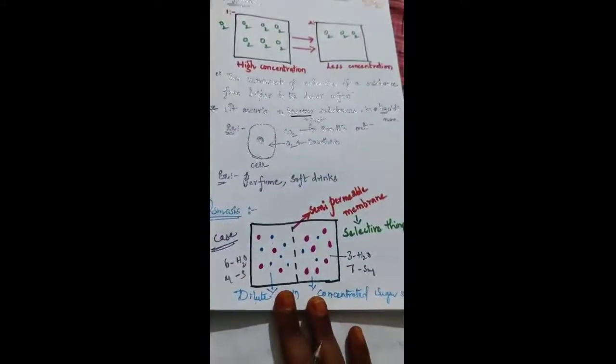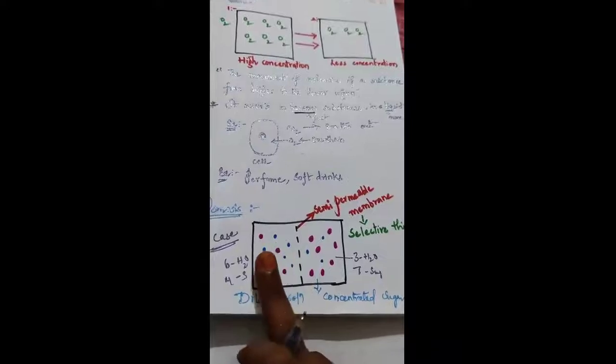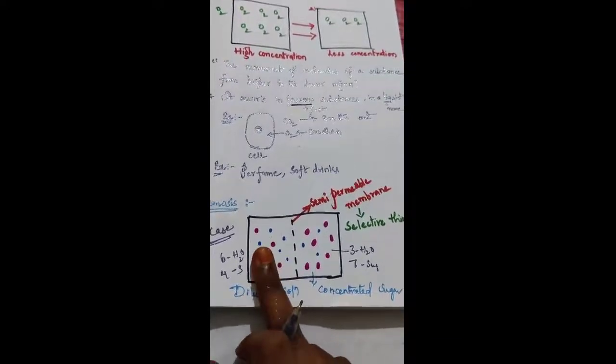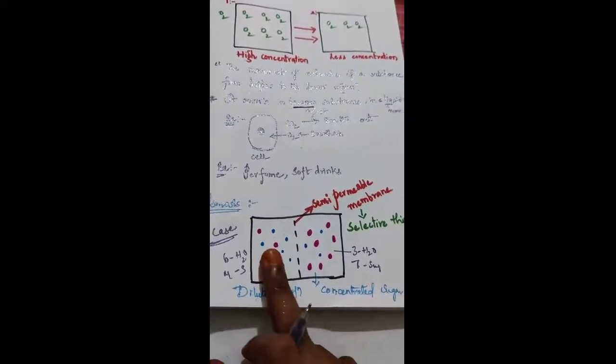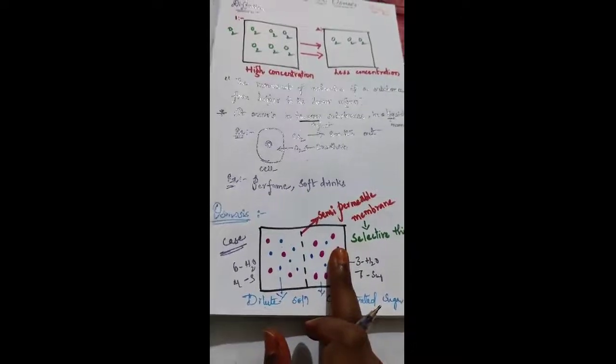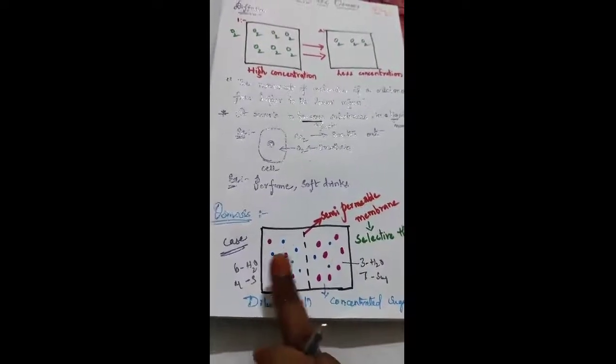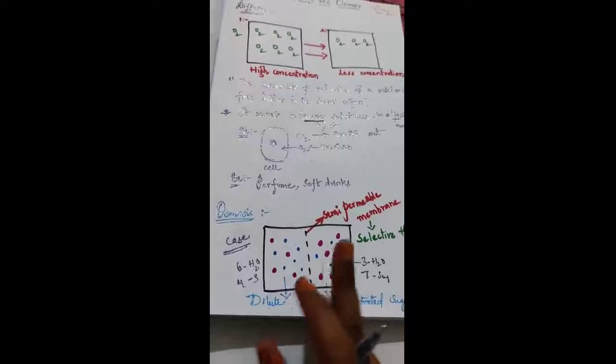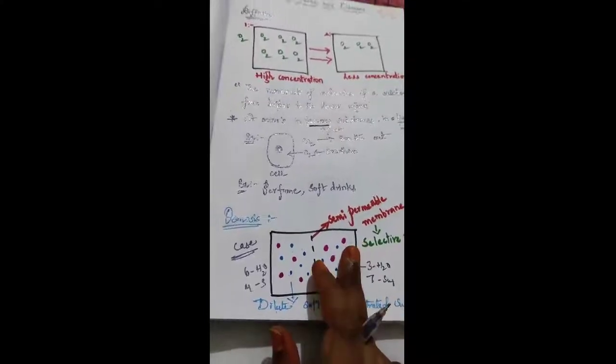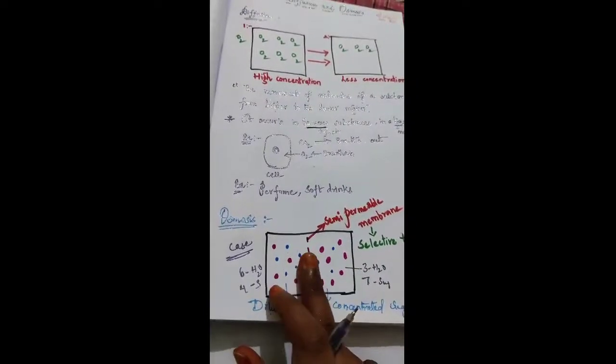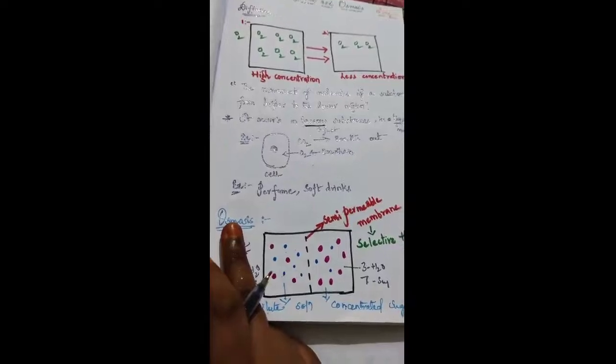But in the osmosis process, what happens, beta? Movement of molecules from dilute solution to the concentrated solution through a semi-permeable membrane is called osmosis.